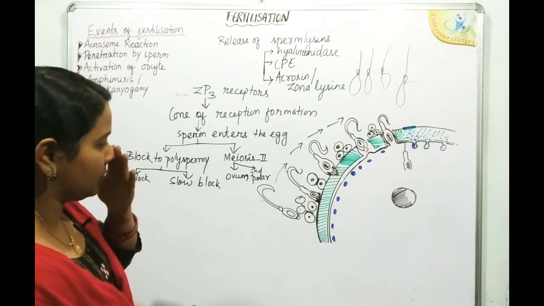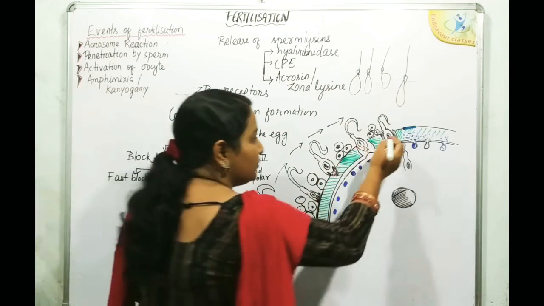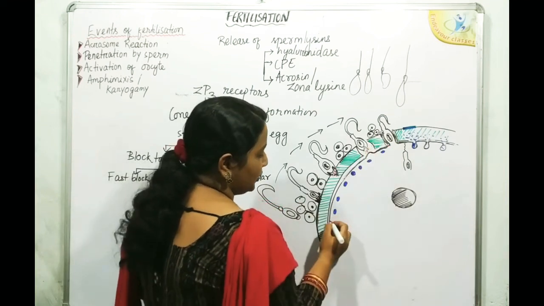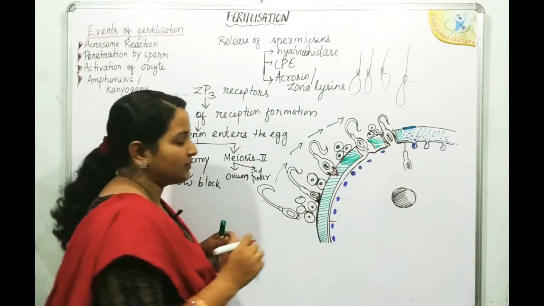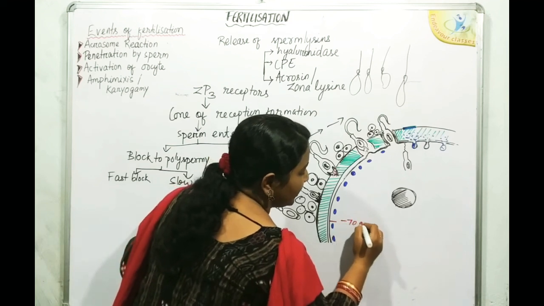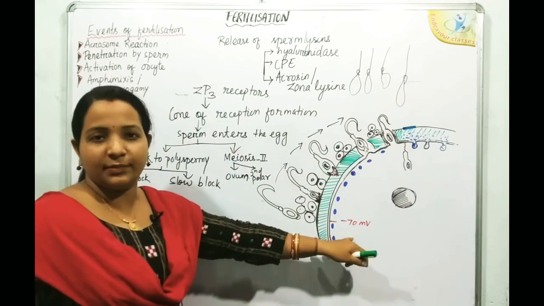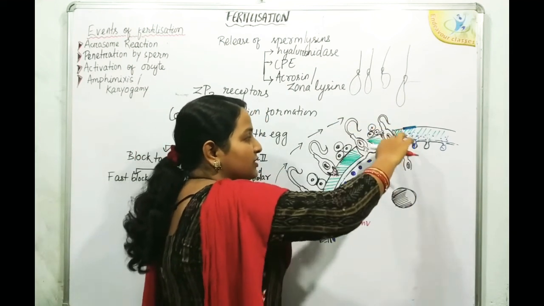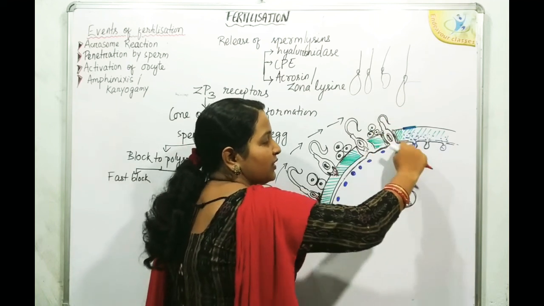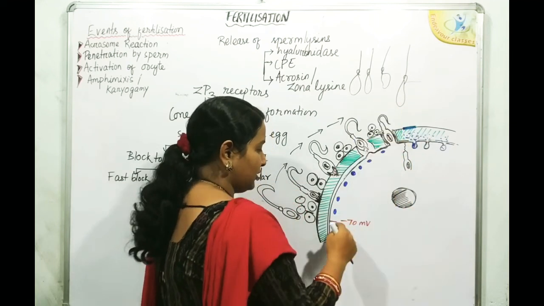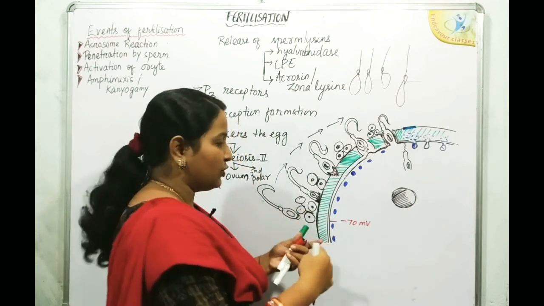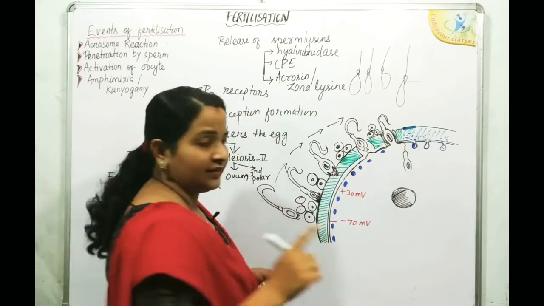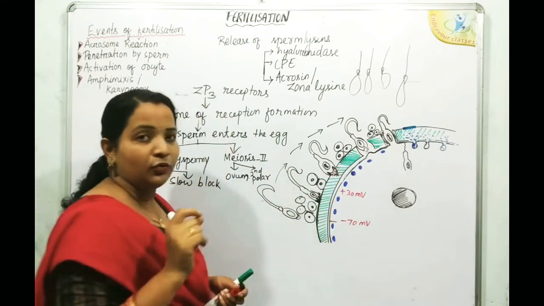So what is fast block? Remember, when the sperm enters through the plasma membrane of the oocyte, the membrane potential is minus 70 millivolt. This is the resting membrane potential. When the membrane of the sperm fuses with the oolemma and it enters, the membrane potential gradually increases and reaches up to plus 30 millivolt. That means the oolemma is now depolarized.